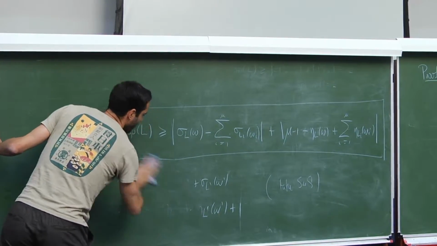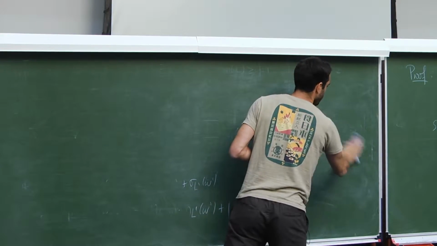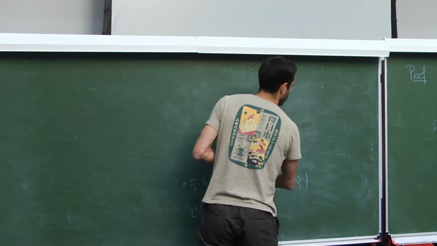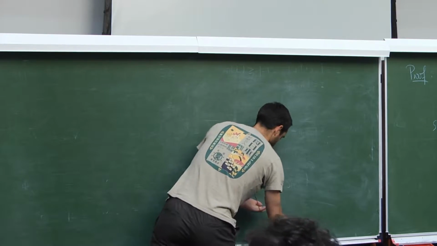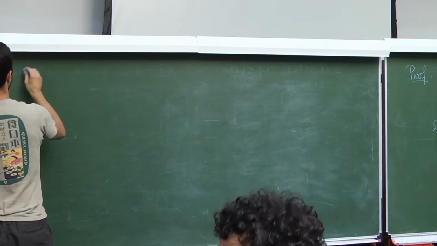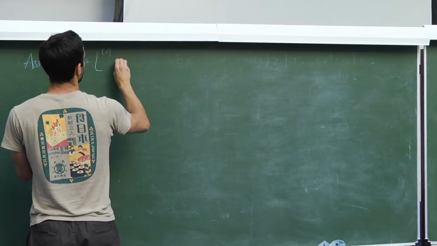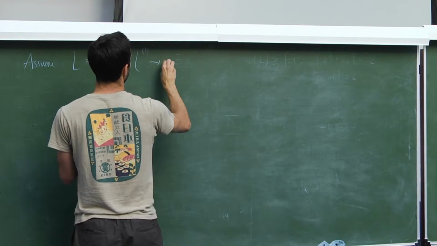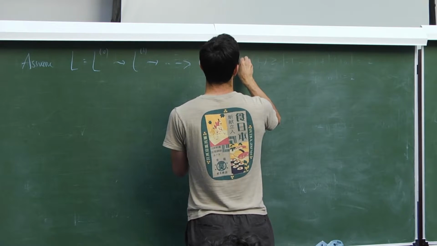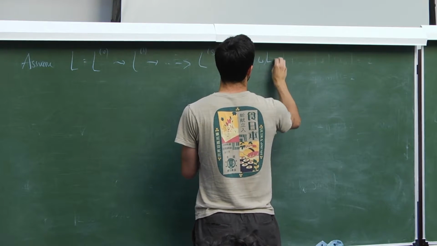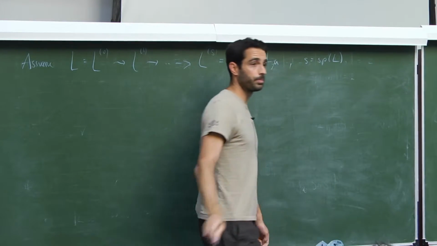Now let's assume that we have a splitting sequence for L that is of minimal length, of length equal to the splitting number of the link. So now assume we have L, which is L_0, and then you go to L_1, etc., and you end up with L_s, which is the split union of the components, with s equal to the splitting number.